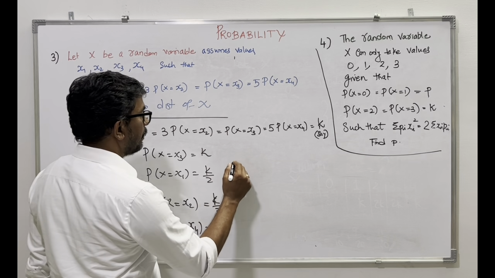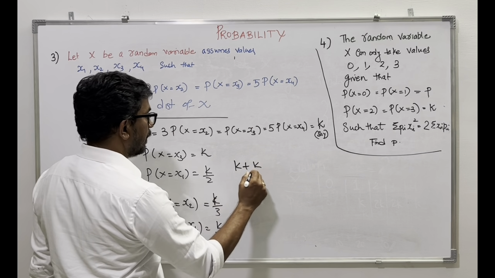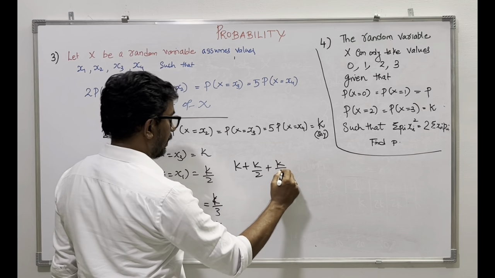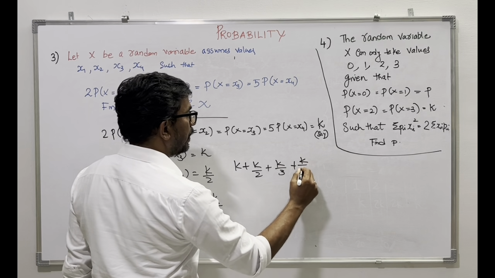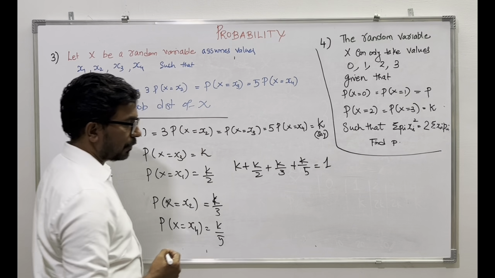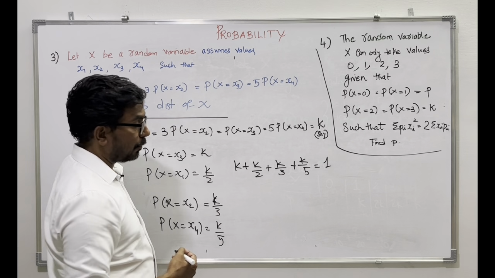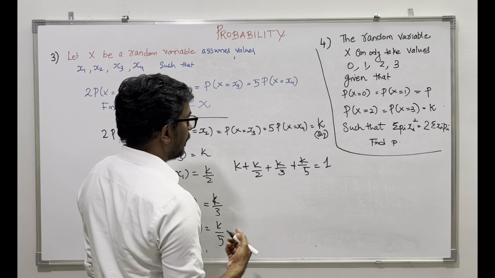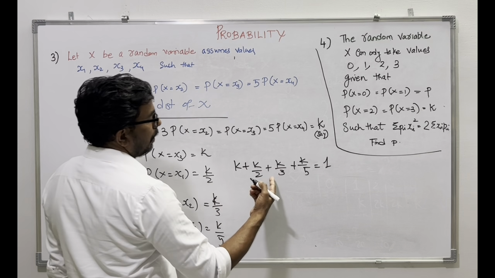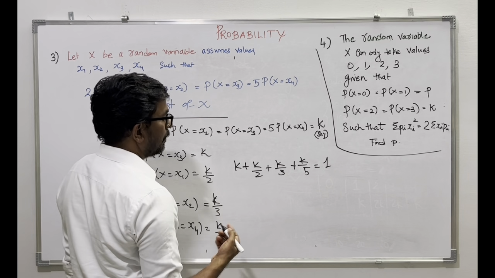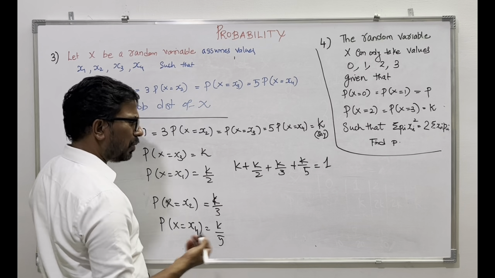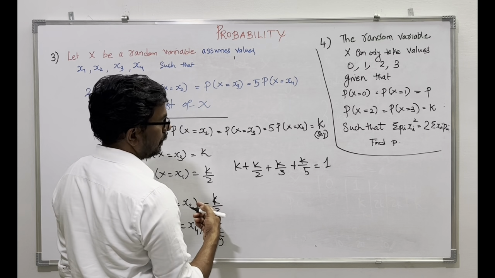Now we know that if we add the probabilities, k plus k by 2 plus k by 3 plus k by 5 should be 1. Let us take the LCM. However you want, you can add it.